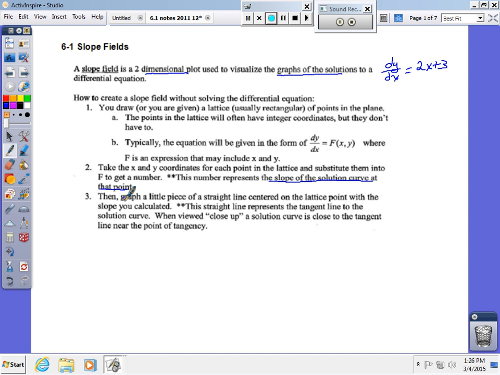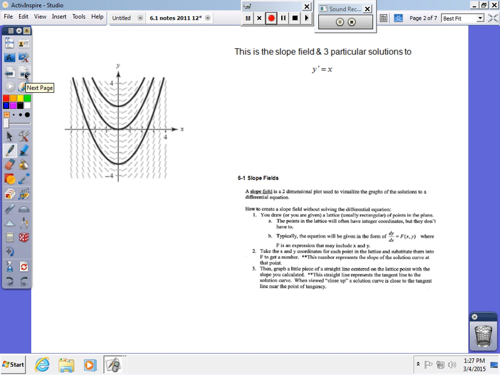The graph of the little piece of a straight line centered on the lattice point, that little ordered pair dot there, is the slope that you've calculated. And what that straight line represents is the tangent line to the solution of that curve. All right, so let's just go through and do one of these.